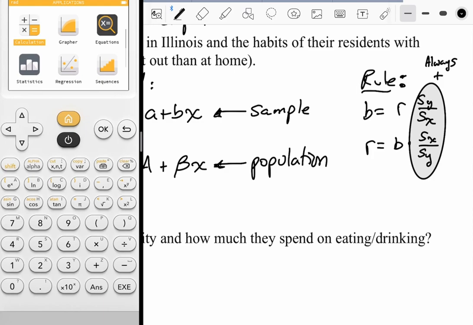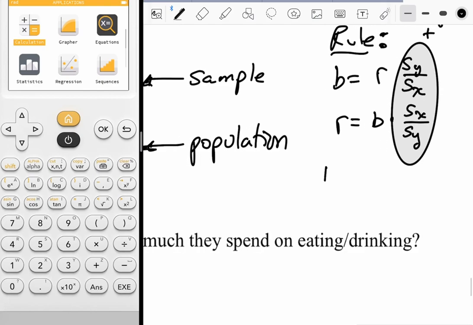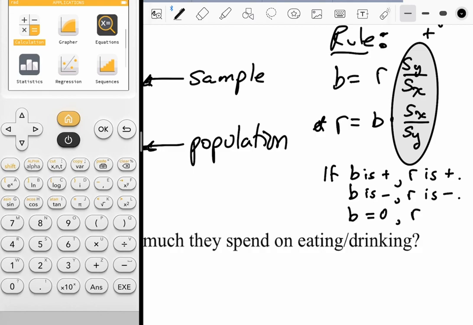So they actually have no bearing on the sign of the correlation coefficient, or if you have the correlation coefficient, the slope, right? So what that tells me is, if r, I'll use the second one because that's the one we're really addressing. If b is positive, then r is positive. If b is negative, r is negative. If b is equal to 0, then r is equal to 0. Right?